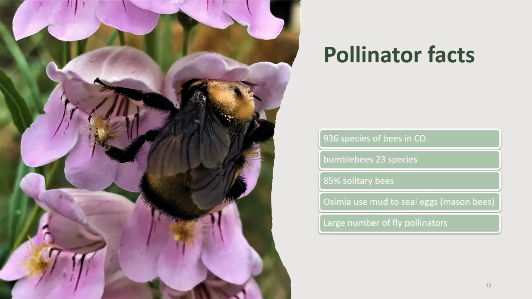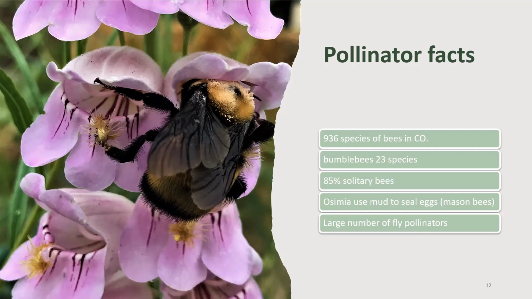There's also a large number of fly pollinators, and often when we look at what we think is a bee, it's actually a fly, and a large number of flies do the work of pollination.